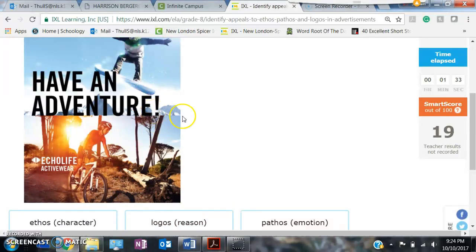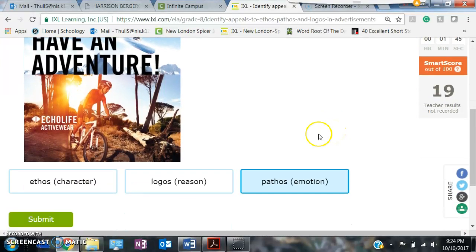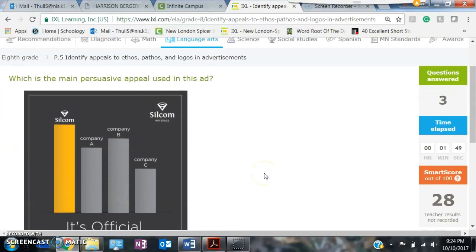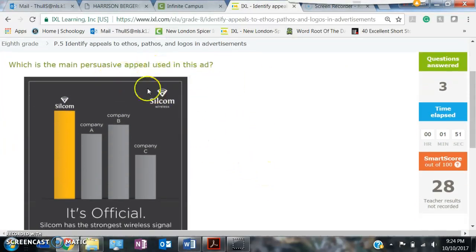I could see the reason being have an adventure, but I more so think that this is playing on the idea that we need to have something exciting and some type of adventure, which I think is an emotion. And these people look happy on their adventure. So, there we go.